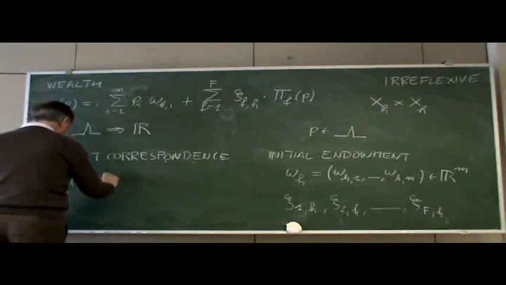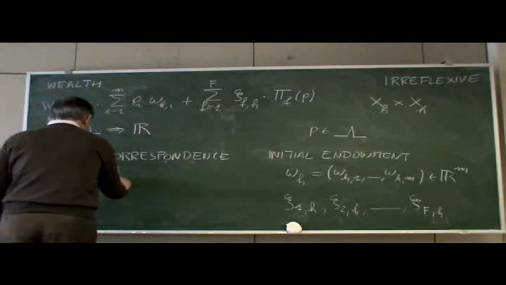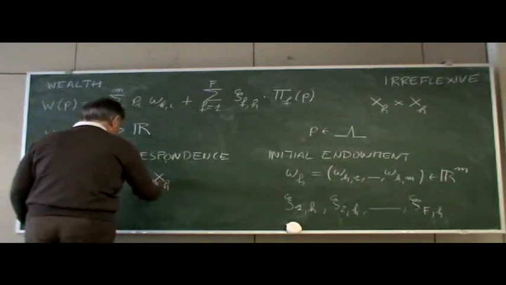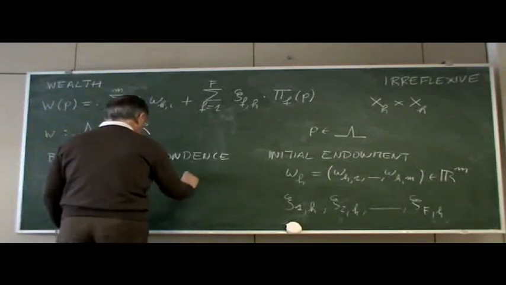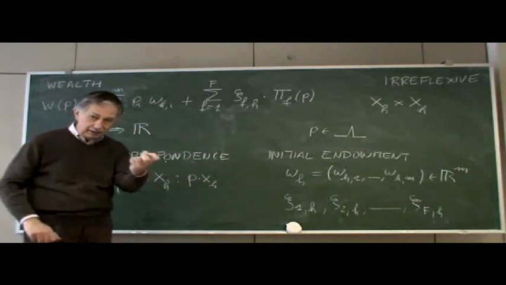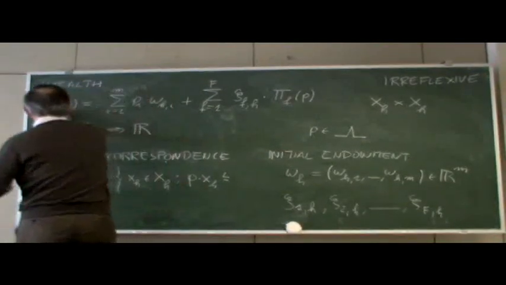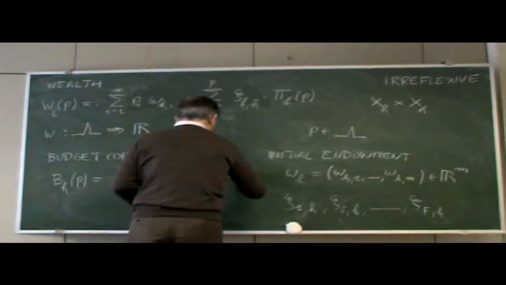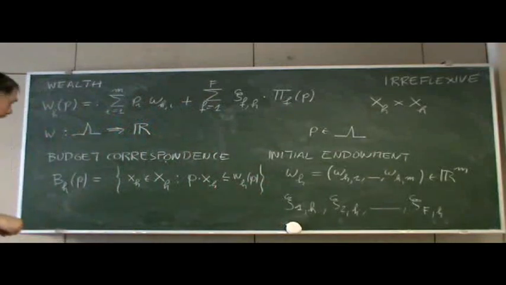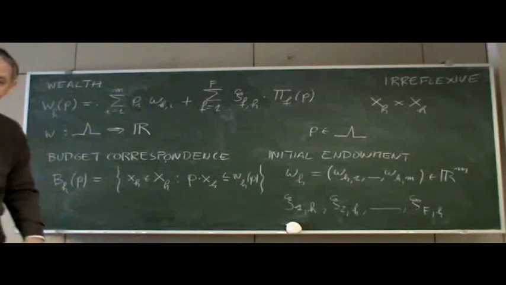It associates with every price system P in lambda the set of all the XH which belong to large XH, such that the value of XH, as I write it in a compact form, is not superior to the wealth of a consumer. Is it clear? This is the usual definition of a budget constraint.